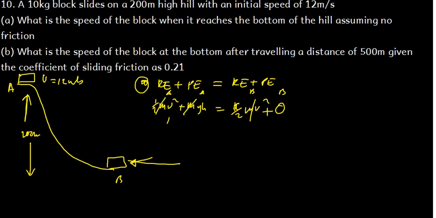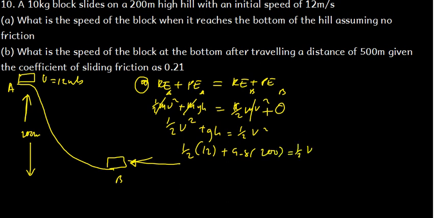So we remain with half u squared plus gh equals half v squared. Half u squared, the speed on top is 12, and then plus g is 9.8, the height is 200. That should be equal to half v squared.